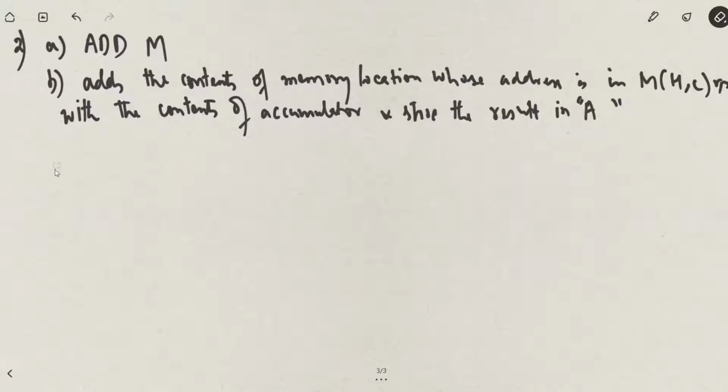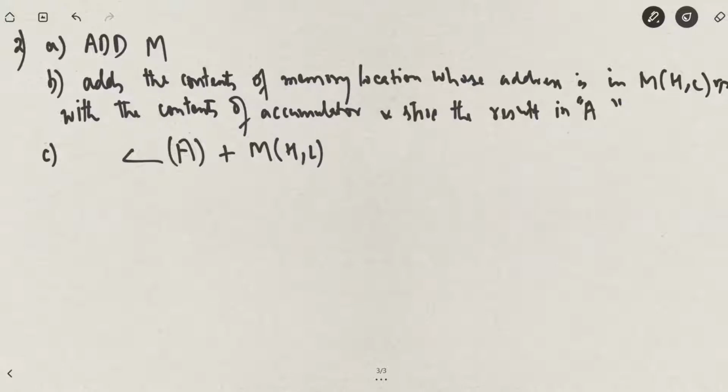Fine. So you can write this as: you are adding the contents of the accumulator with the contents of the HL register pair and storing back the result in the accumulator only.